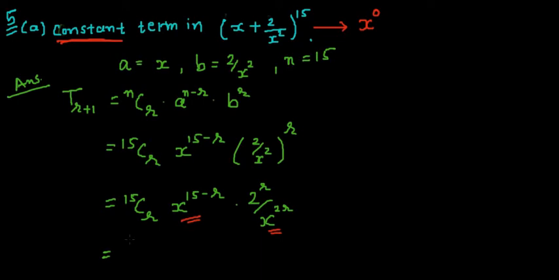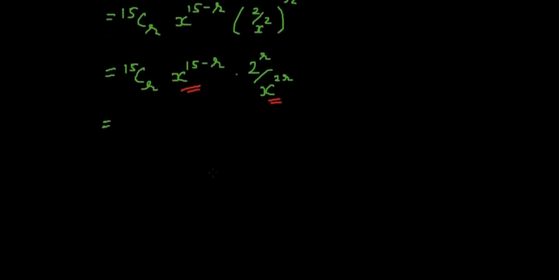So before setting the value of r in the general term, we have to simplify a bit for the power of x. I write 15Cr, 2 raised to r first, and x is 15 minus r power in the numerator and 2r in the denominator.